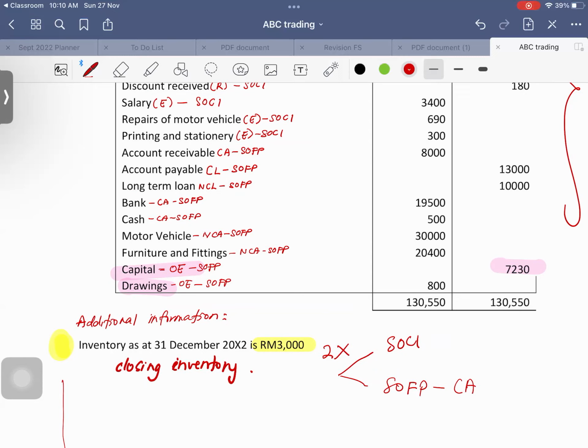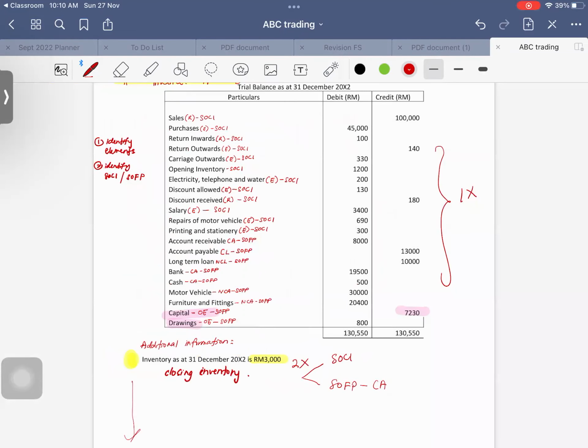So remember, any value outside your trial balance, macam your closing inventory ni, you will record twice. Okay, so 3,000 in SOCI, 3,000 in SOFP. And any value in the trial balance, you will only record once. Once you already transfer to your SOCI, then SOCI je lah. Jangan transfer again in your SOFP. Okay, tu macam tips lah.